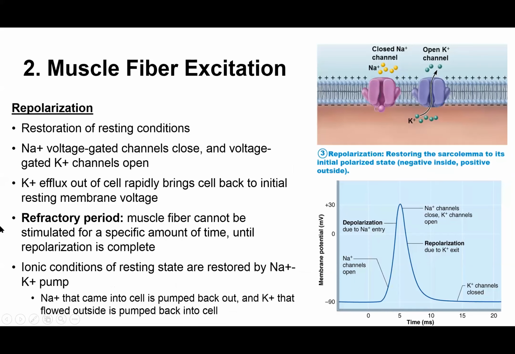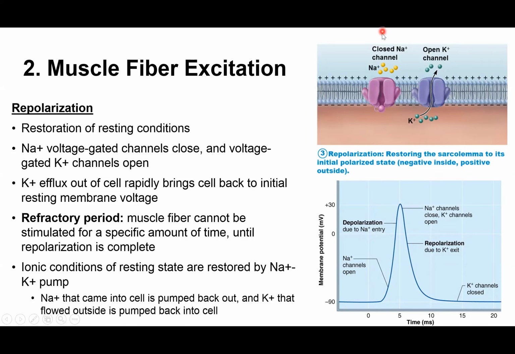So after the area of the membrane has been depolarized, it then becomes repolarized. And this just means we're going to go back to our normal resting state. So those sodium channels that were opened are now going to close or be blocked again.